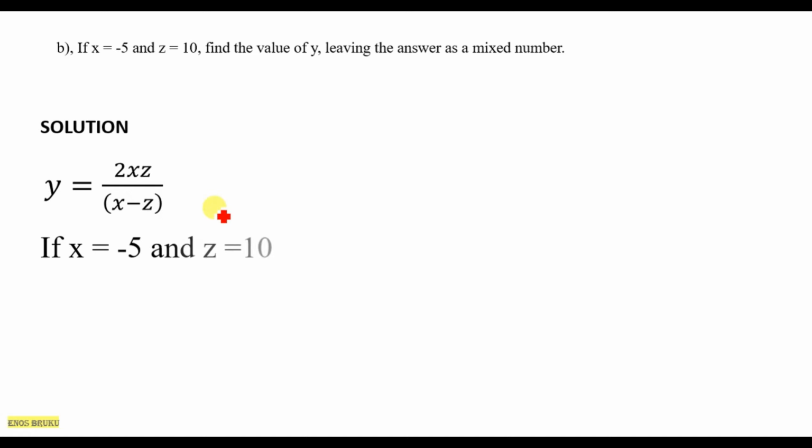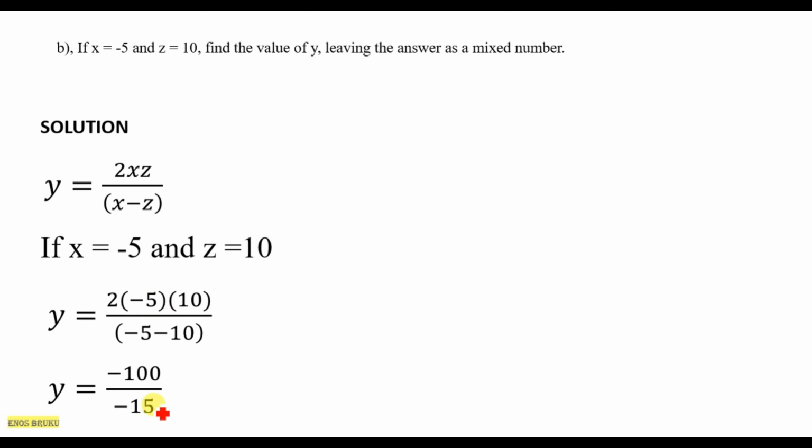So in doing so, you realize we have what? 2 times -5, since x is now -5 and z is 10, and then down here -5 minus 10. So 2 times -5 will give us -10, and -10 times 10 will give us -100. -5 minus 10 will give us -15.